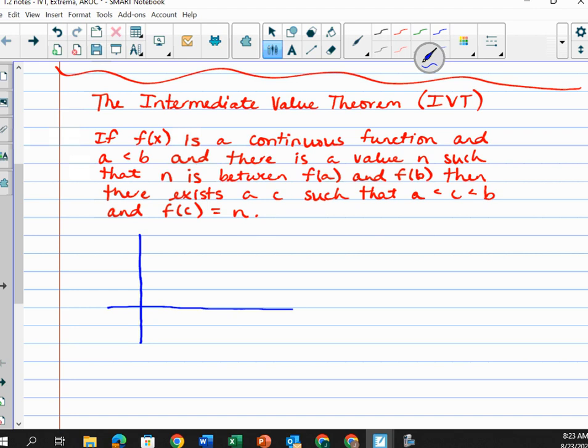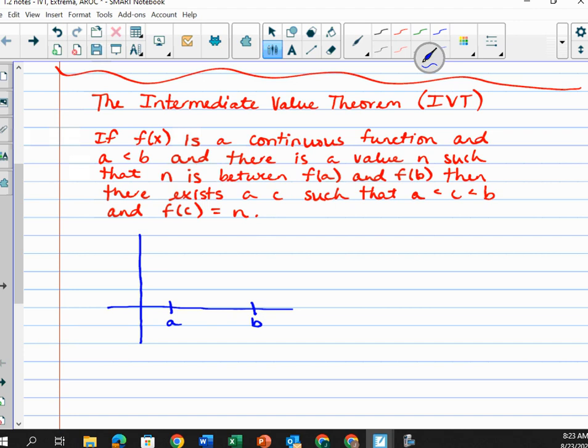So I'll have some function that I draw here, and it says a is less than b. Those are talking about x values. So I'm going to put a here on the x-axis, and I'm going to put b somewhere over here on the x-axis, right? A is less than b, okay?